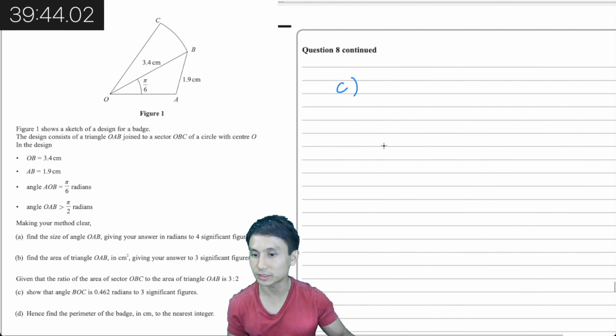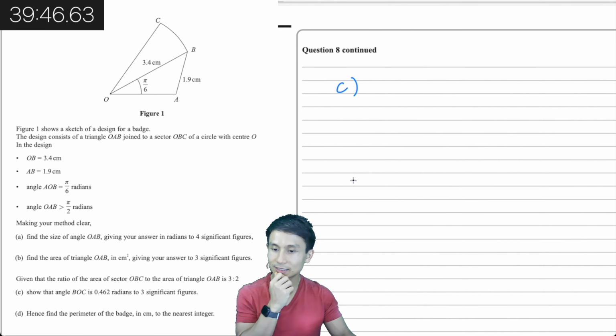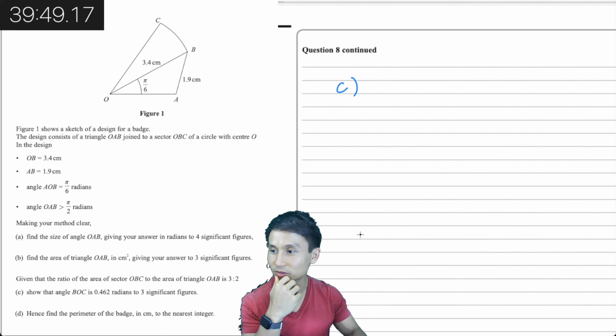Okay, so question C. I'm blocking the question here, I think. I'm just going to move to the right a bit.